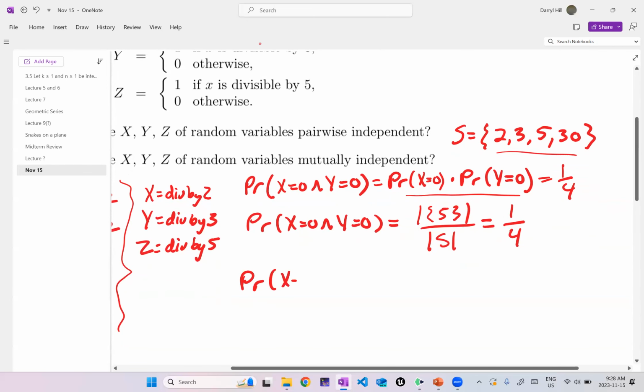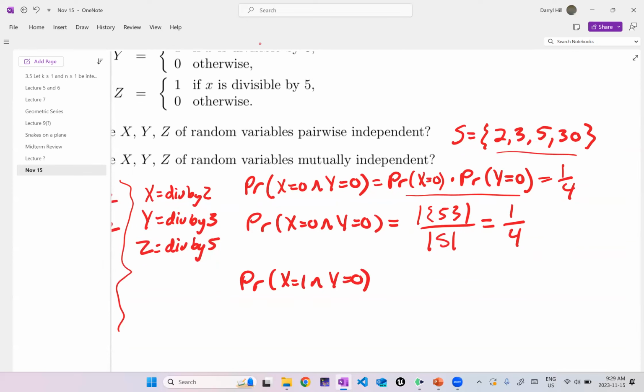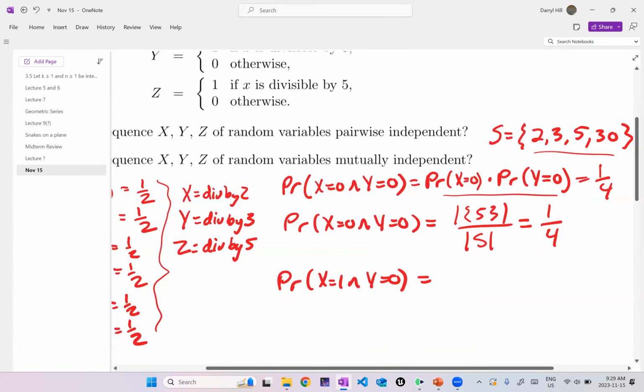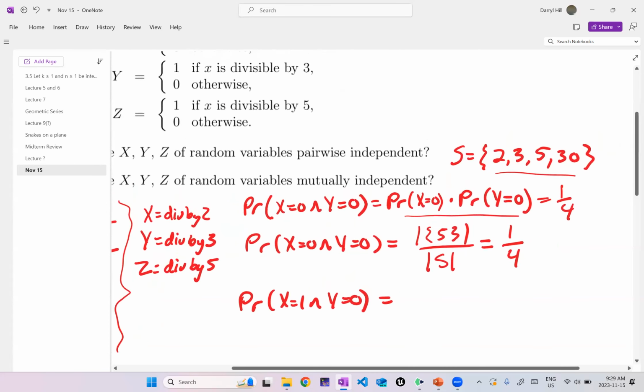So the probability that x equals 1 and y equals 0. So now the number is divisible by 2 and not divisible by 3. So 30 is divisible by 3, so it doesn't count.